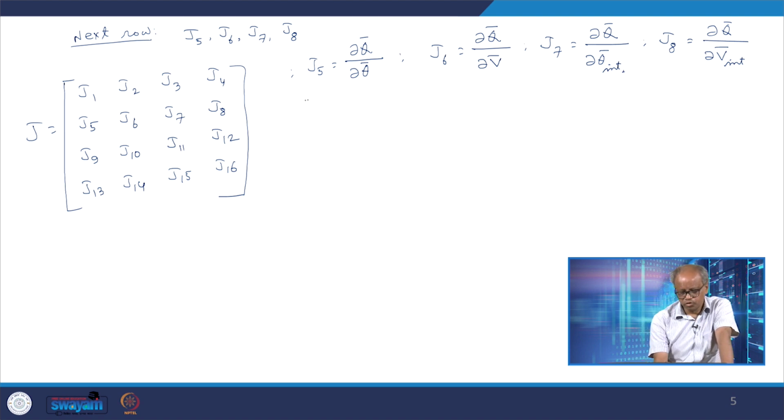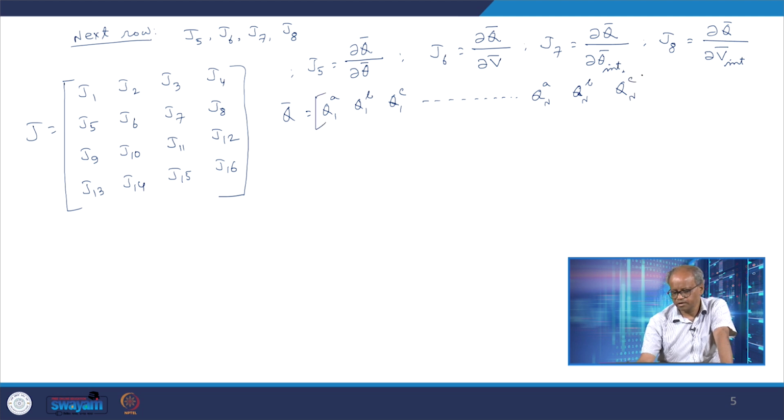Here the Q vector is Q1A, Q1B, Q1C, dot dot dot, QNA, QNB, QNC, and the theta vector and V vectors are all the same: theta vector, V vector, theta internal vector, V internal vector.